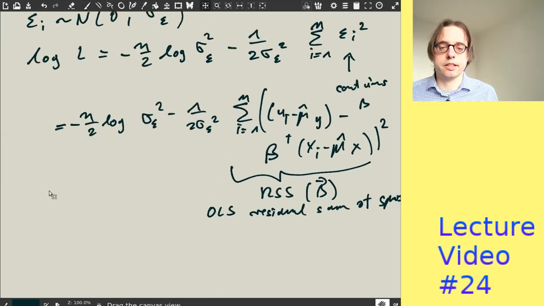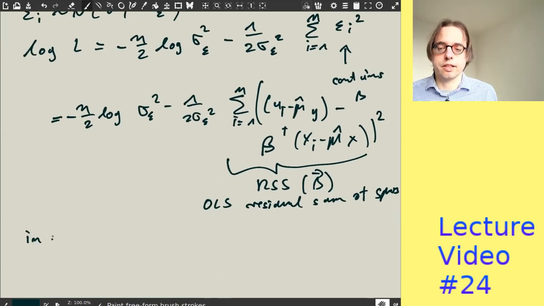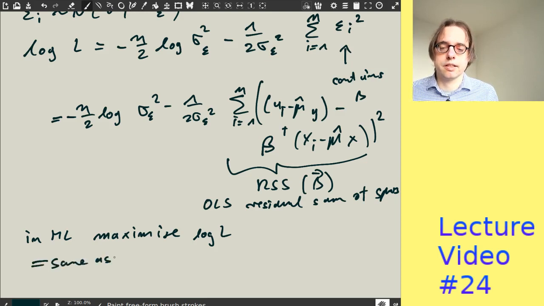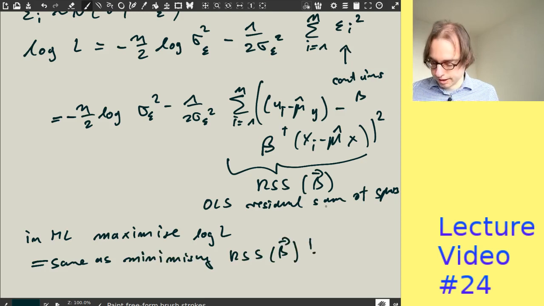So in ML, we maximize log L, and you see this minus here. Because we have this minus here, it is the same as minimizing the residual sum of squares. So it's exactly the same thing.